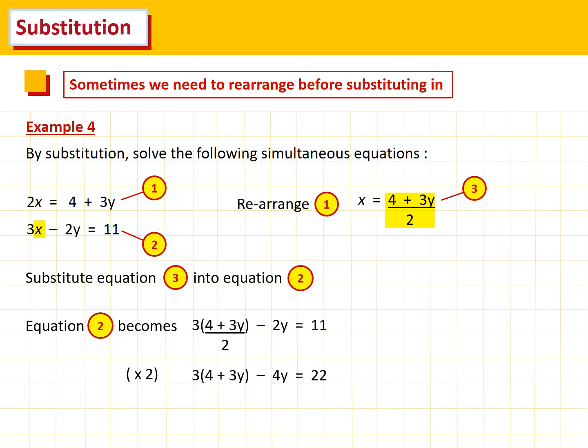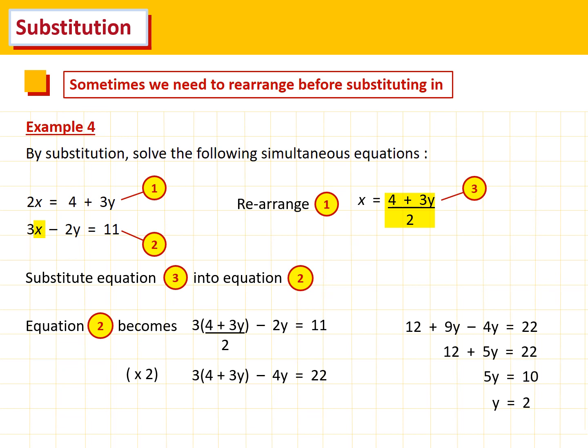When I multiply through by 2, I've got to multiply that fraction by 2, so the denominator disappears, but I've also got to multiply the 2y by 2, so it becomes 4y, and then the 11 is multiplied by 2. So the three things in this equation are all multiplied by 2. We've just got y in our equation, so we simplify and solve, and we end up with y equals 2.